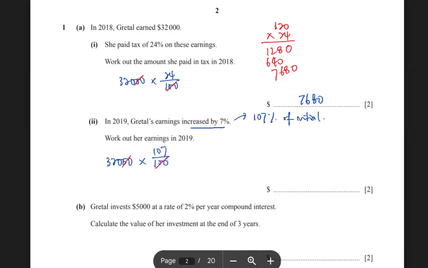Divide by 100 first. So 320 times 107. So it's $34,240.